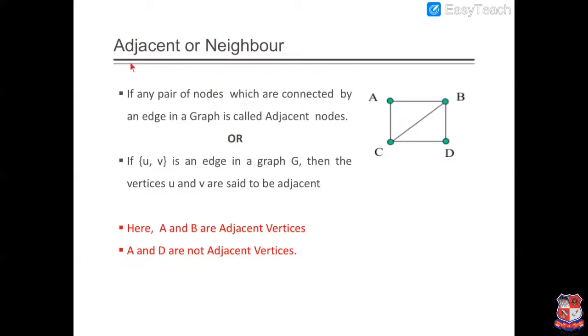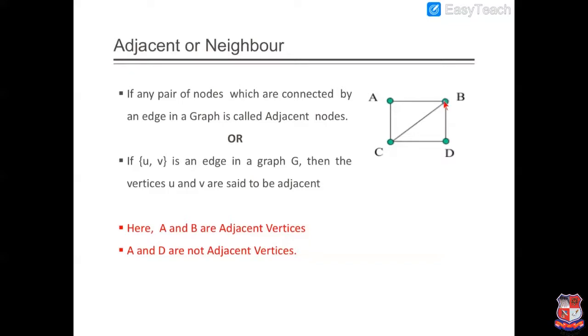Now what is adjacent or neighbor? Any pair of nodes which are connected by an edge in a graph are called adjacent nodes. If (u, v) is an edge in a graph G, then the vertices u and v are said to be adjacent. So in a given graph, here the vertices A and B are connected through an edge.